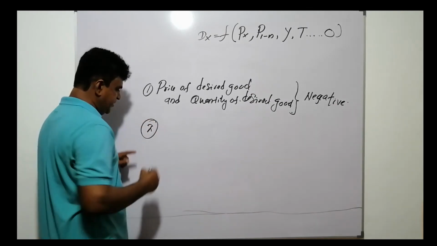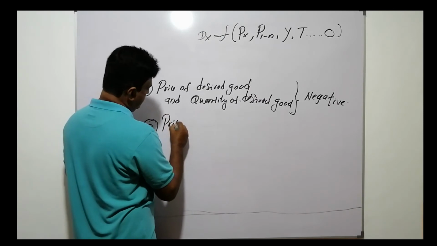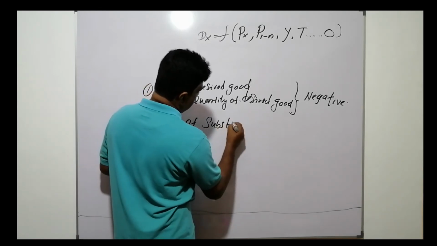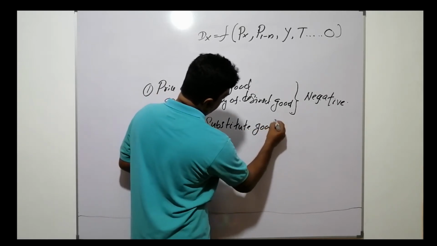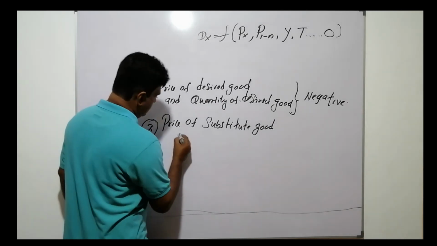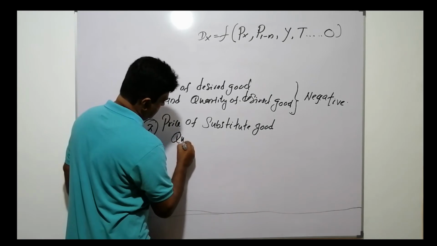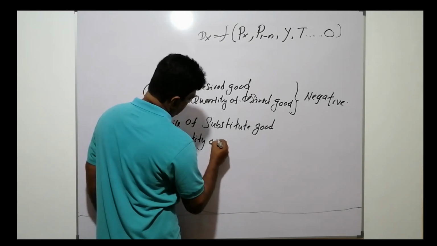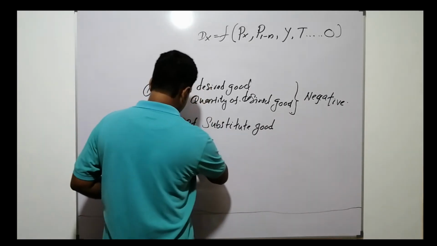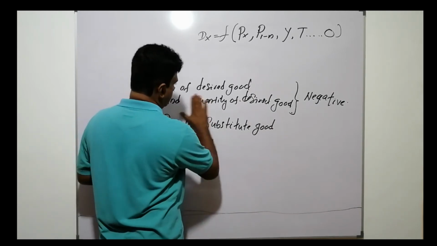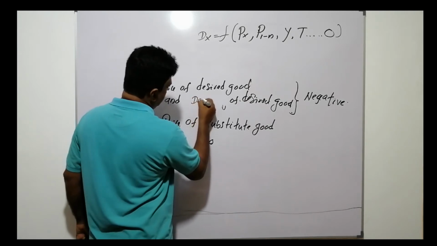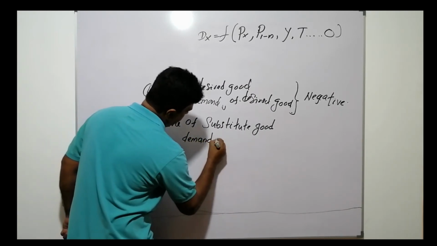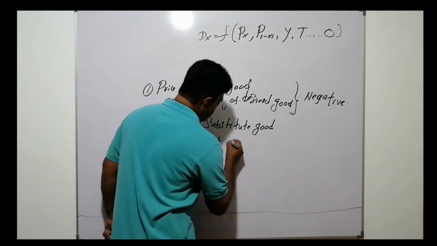And the second combination is the price of the substitute good and the quantity, we will say demand, of the desired good.